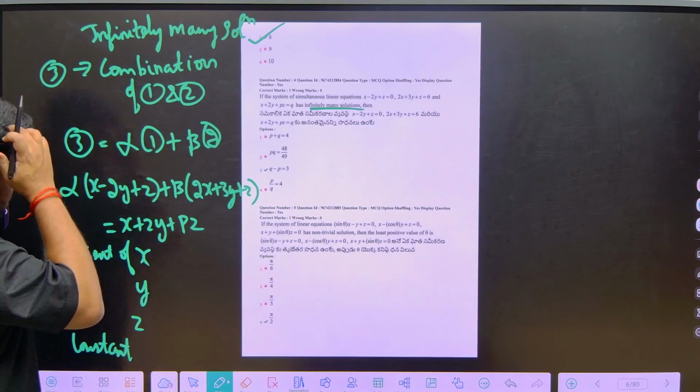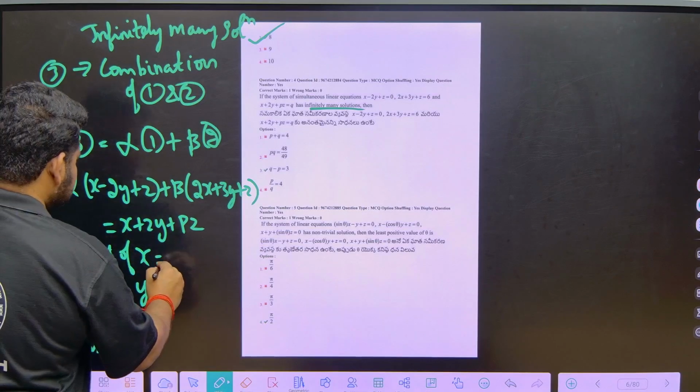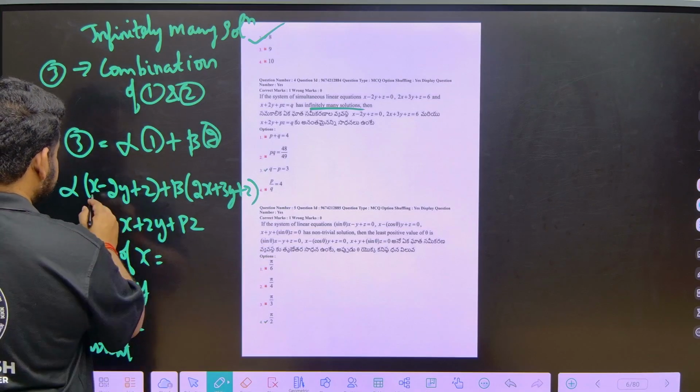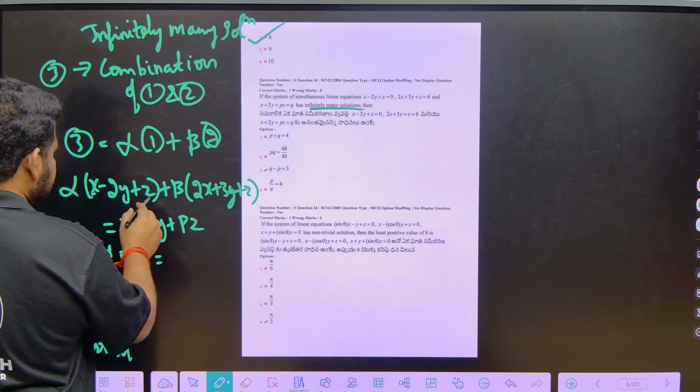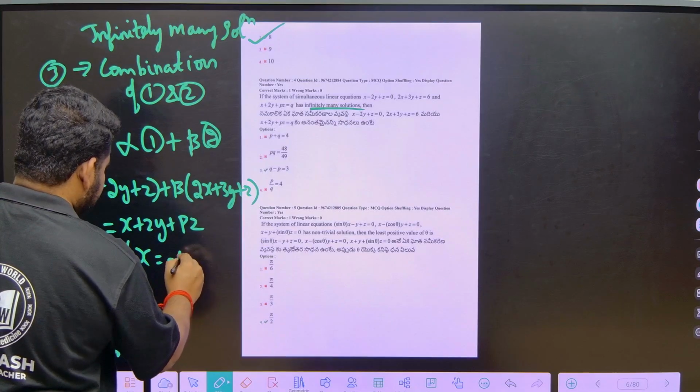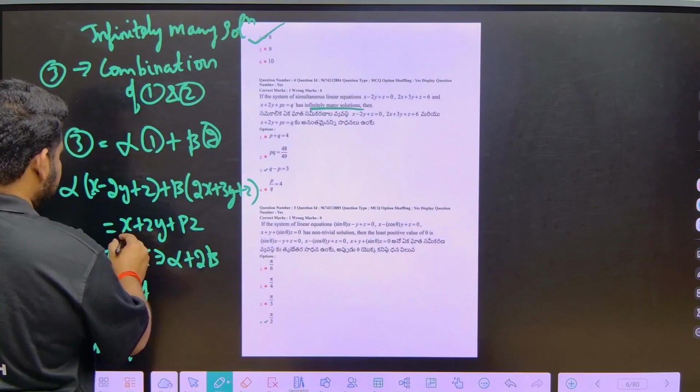Now, see here, the coefficient of x is alpha plus 2 beta, which is equal to 1. You are equating the coefficient of x.